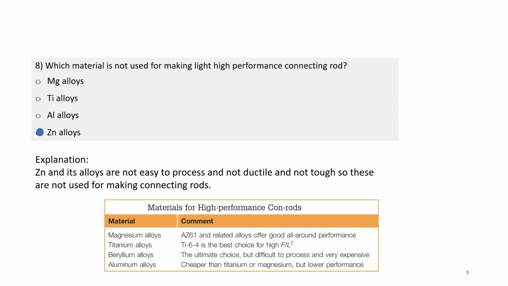The materials for high performance connecting rods are magnesium, titanium, beryllium, and aluminum alloys. In case of magnesium alloys, you have AZ61 and related alloys which offer good all-around performance. In case of titanium alloys, you have Ti64, which is the best choice for high F/L². For beryllium alloys, you have the ultimate choice, but difficult to process and very expensive. And aluminum alloys are cheaper than titanium or magnesium but have lower performance.